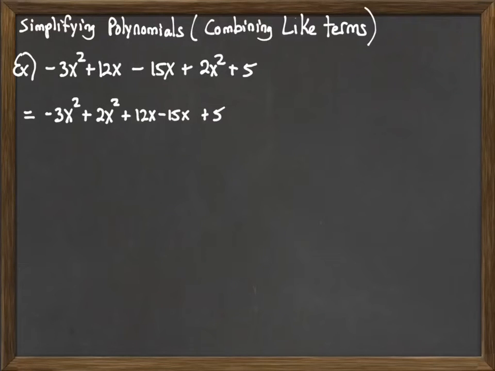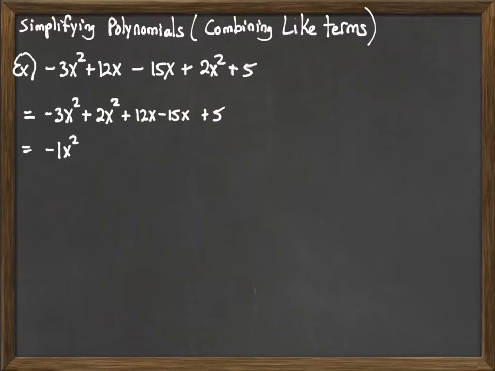And then we're going to start to combine. First we do our x squareds, putting our numbers together. Negative 3 plus 2 would make that minus 1, and then we keep the variable x squared. If you want to write that down as just minus x squared, dropping the 1, you're certainly free to do that when the coefficient's 1.